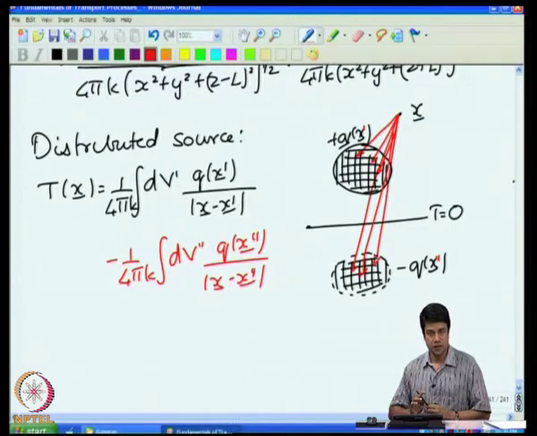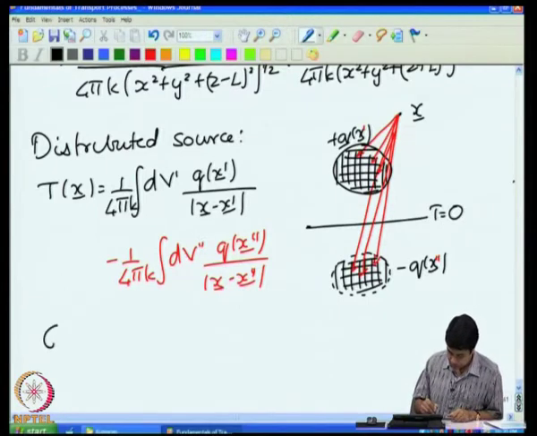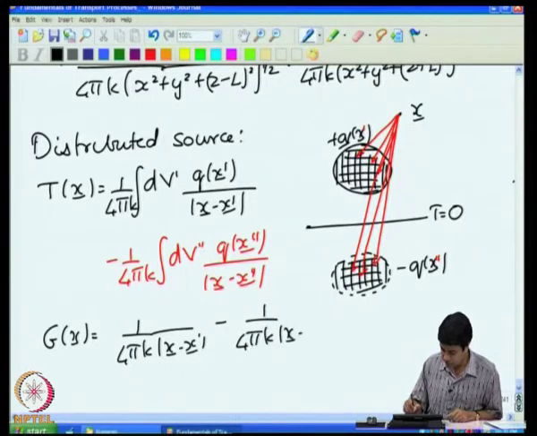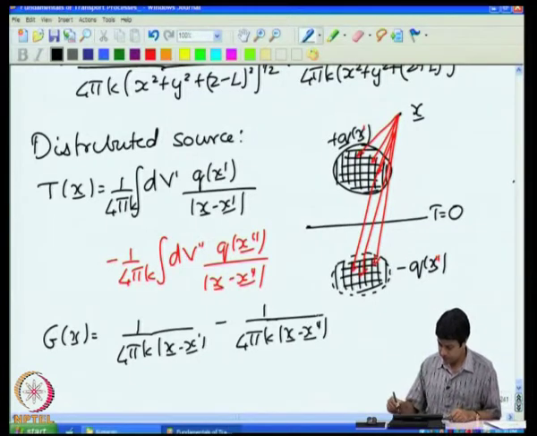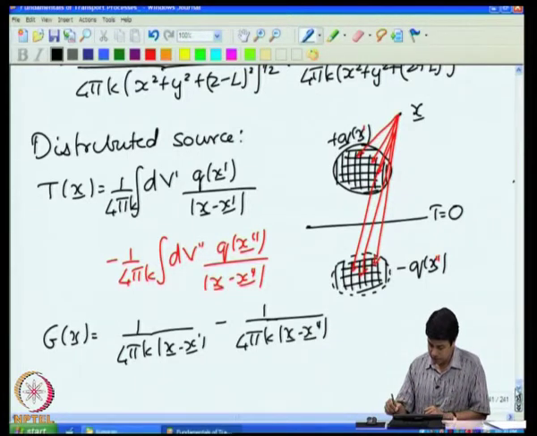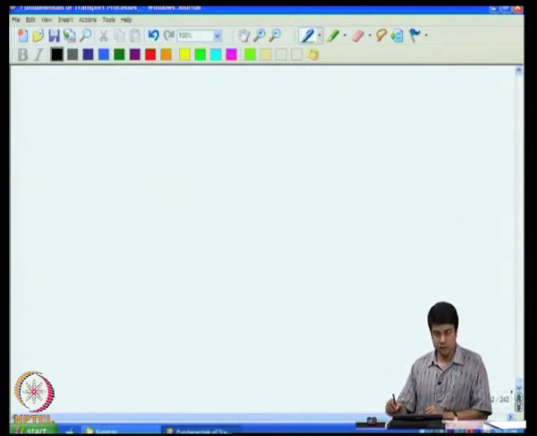In this particular case, the Green's function is G of x equal to 1 by 4 pi k times 1 by the magnitude of x minus x prime, minus 1 by the magnitude of x minus x double prime, where x double prime is the location of the image, the reflection of the source point on the wall. So, this is for 0 temperature boundary conditions at the surface.